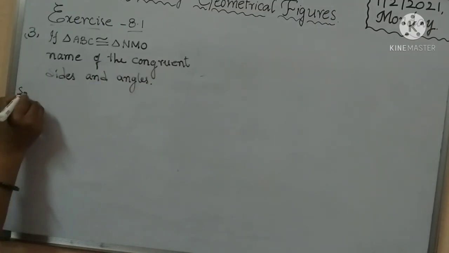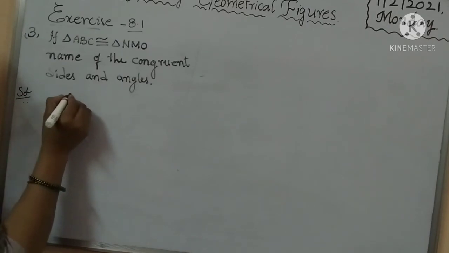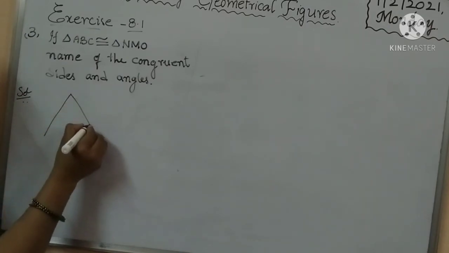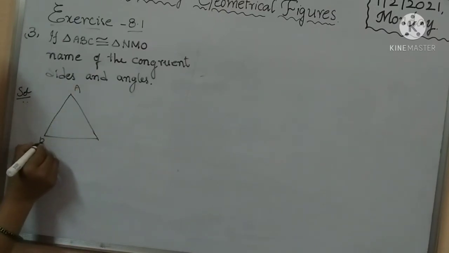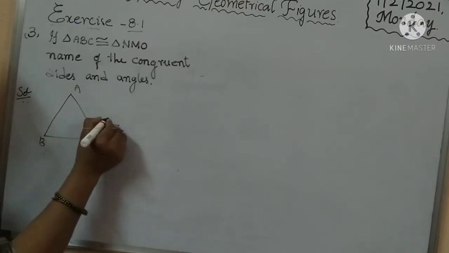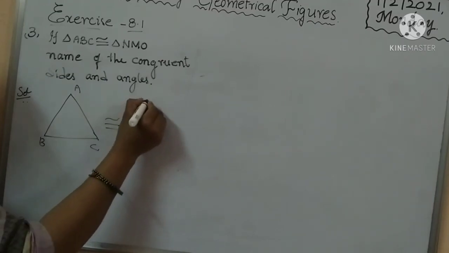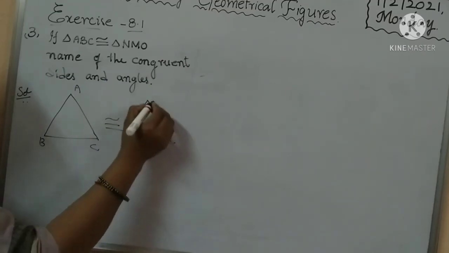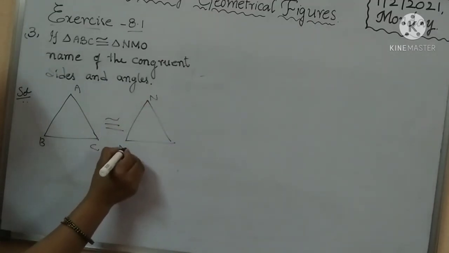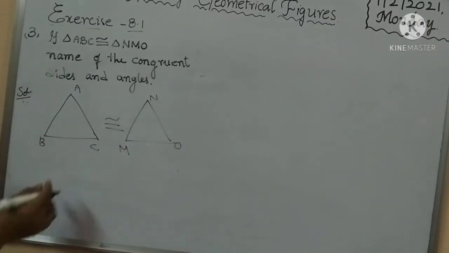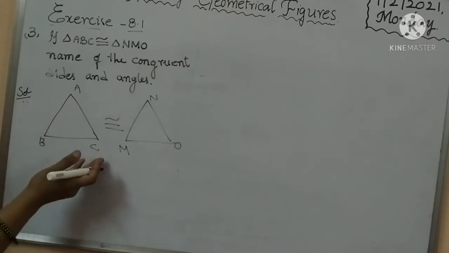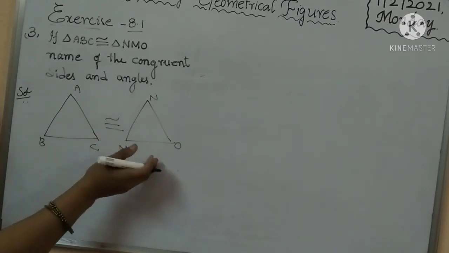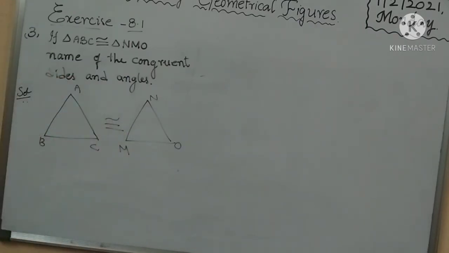So draw the triangle ABC, congruent to triangle NMO. So name the congruent sides and angles of triangle ABC and triangle NMO. Write the sides and angles.